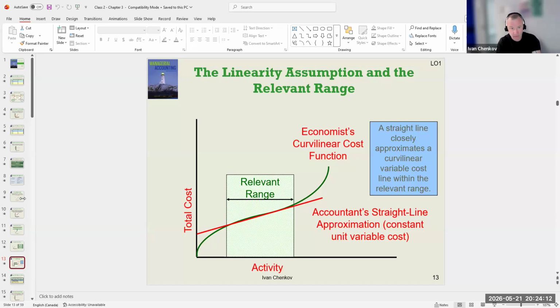The actual cost is always going to have a curve. Based on that curve, you're going to see the part of the graph where the variable cost stays as a straight line. For that part of the graph, we're going to try to come up with the formula, and that's how we start predicting the cost.